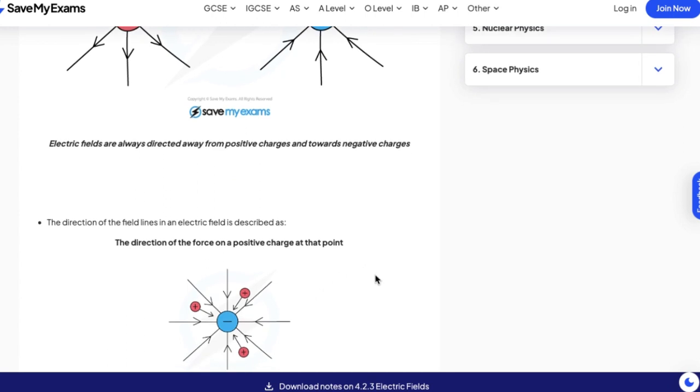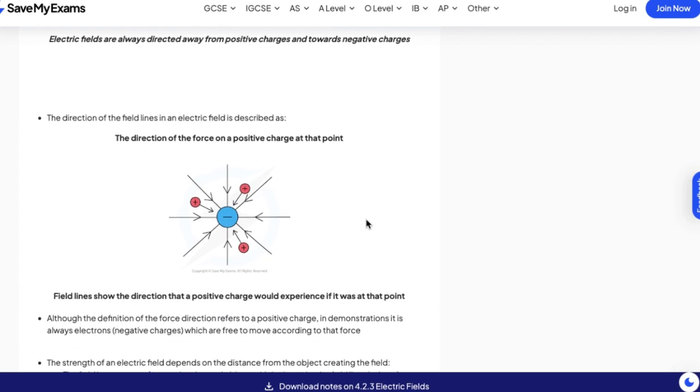Now, the direction of the field lines in electric field is described as the direction of the force on a positive charge at a given point. For example, if the field lines are coming towards the negative, it means they're coming from the positive charge, and that's why they are entering the negative.